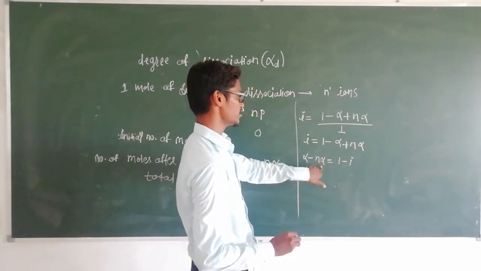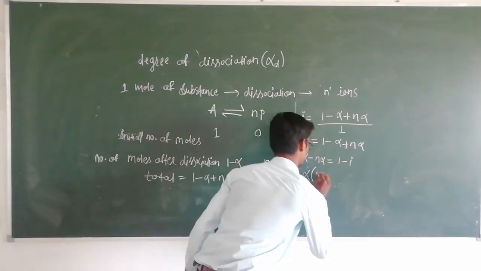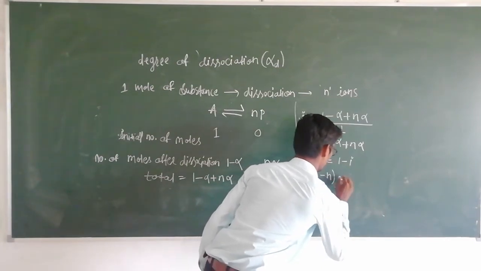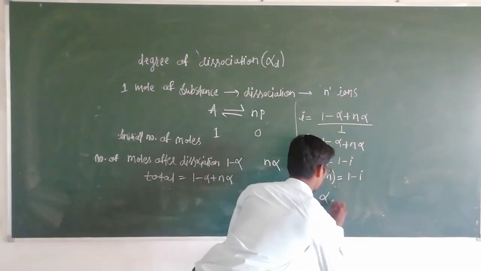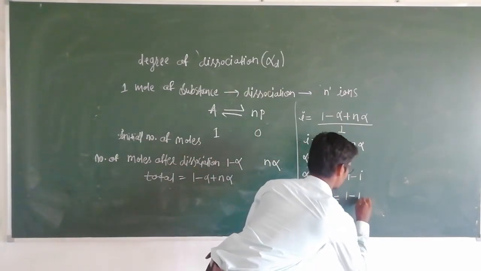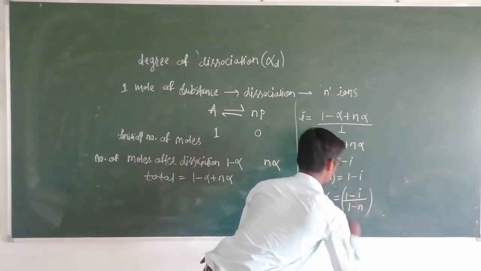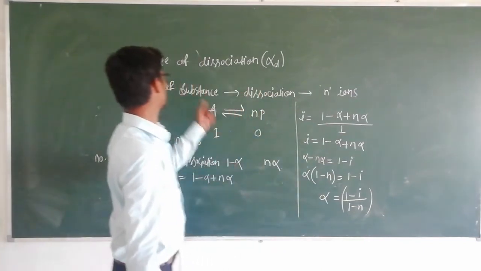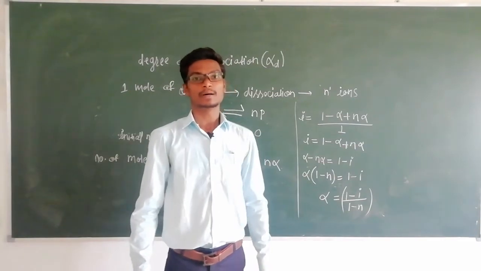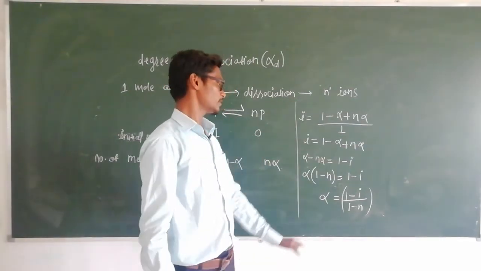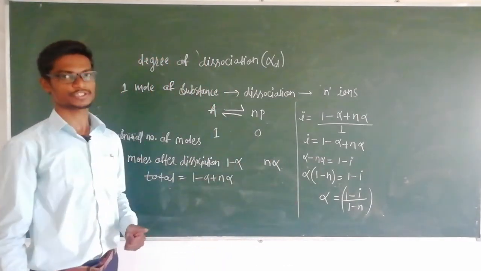From these two quantities, alpha is pointed out: alpha times (1 minus n) is equal to 1 minus i, so alpha is equal to (1 minus i) divided by (1 minus n). This is the formula for degree of dissociation, where n is the number of ions.